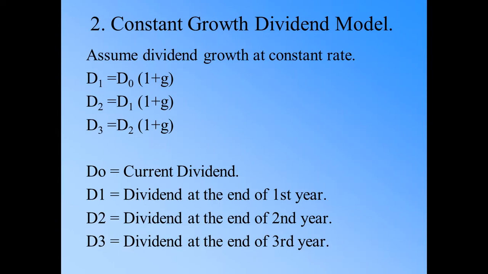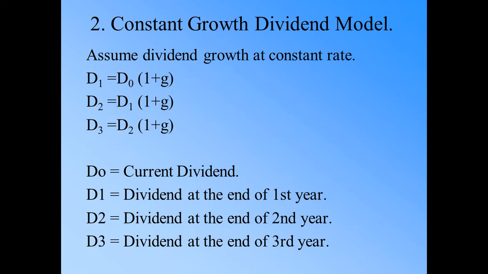So your next dividend D1 will be the given growth in the current dividend, and similarly your D2 will be the increase in D1 by the given growth rate. This way you can find out the dividend D1, D2 and D3.